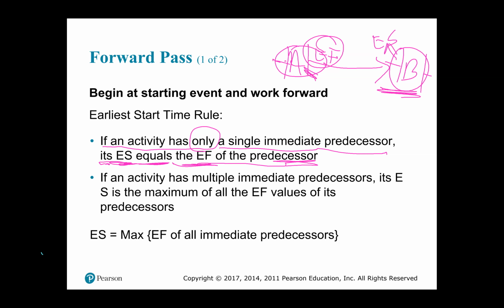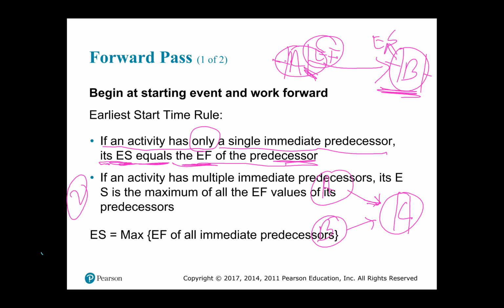Now, what if the activity has multiple immediate predecessors? So suppose this is activity C. And activity C has activities A and B as its immediate predecessors, right? So we're looking at point 2.